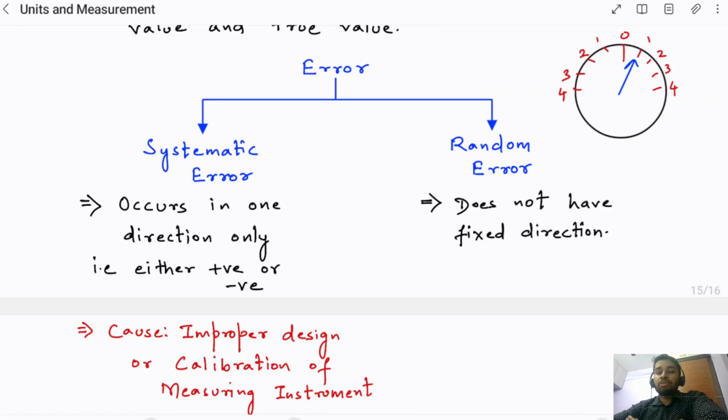Whereas for random error, there is no such scenario, because here the error can be either positive or negative, and the cause for random error is improper measurement environment.